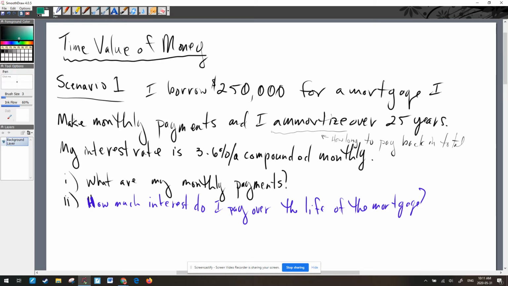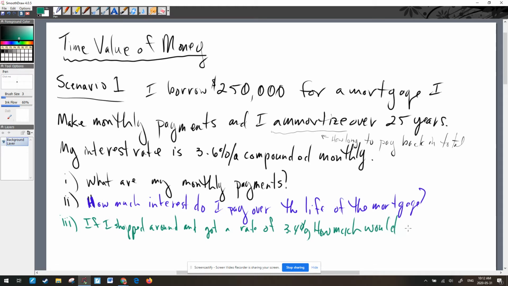And then the final question that we're going to worry about here is, if I shopped around and got a rate of 3.4%, how much would I save over the life of the mortgage?